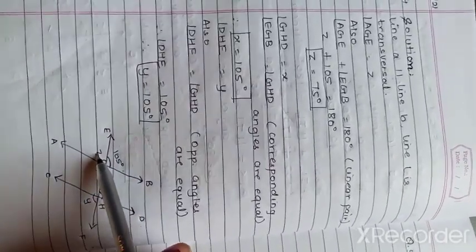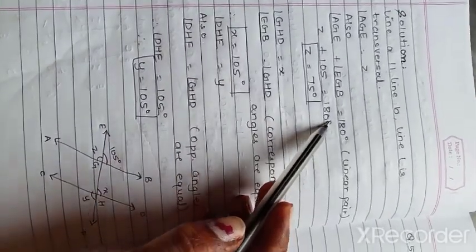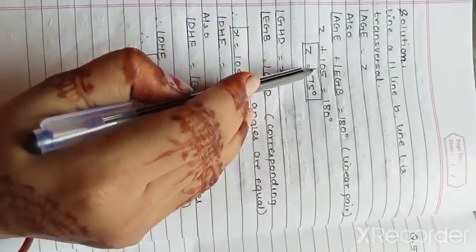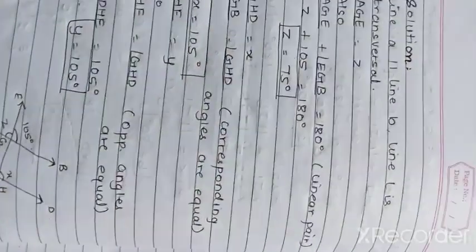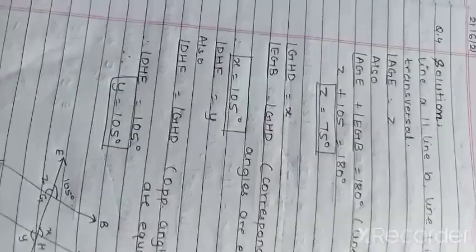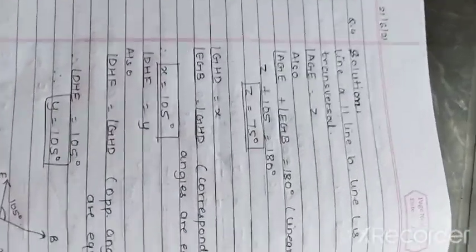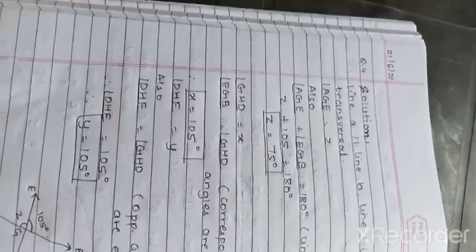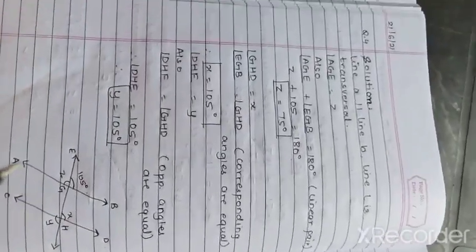So I can say Z plus 105 is 180 degrees. This 105 on the left hand side, moving it to the right hand side, addition on the right side becomes subtraction. So 180 minus 105 will be 75. So I can say the measure of angle Z is 75 and the reason is linear pair.